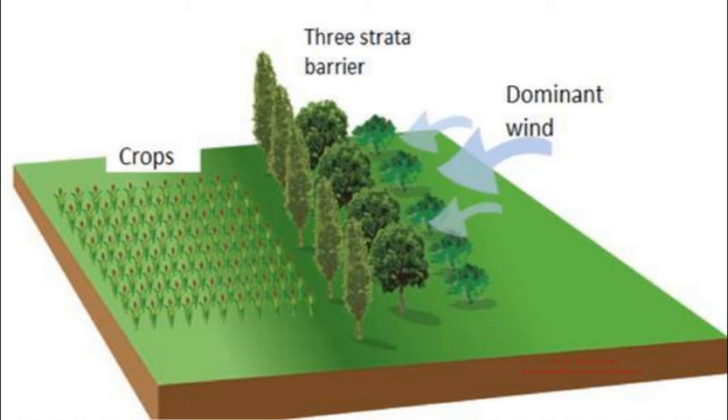Wherever there are chances to reduce vegetation, there is every chance of that soil becoming barren. So we have to reduce those kinds of activities. That is number one.